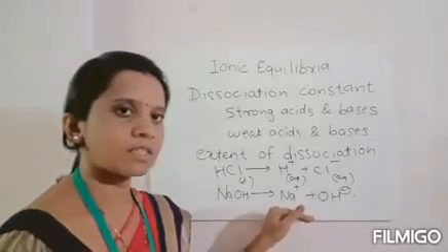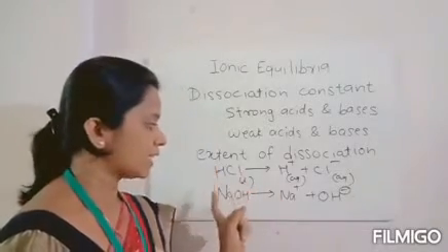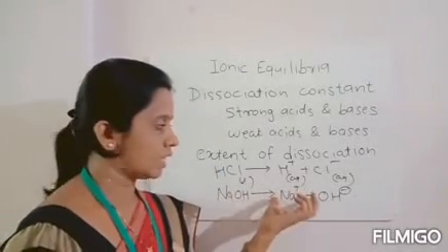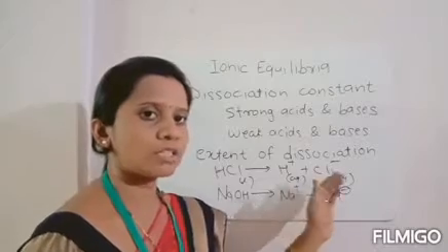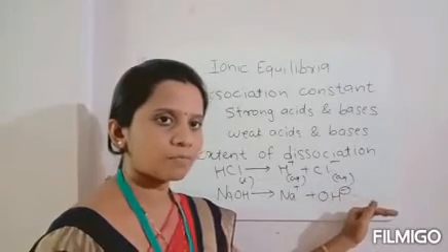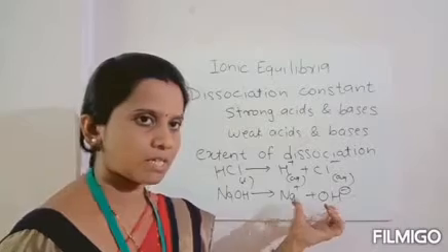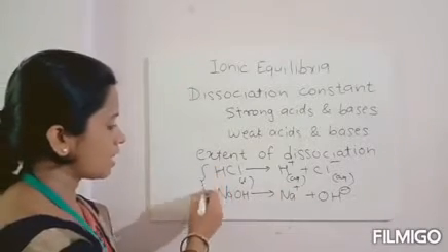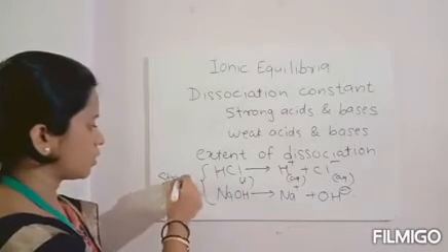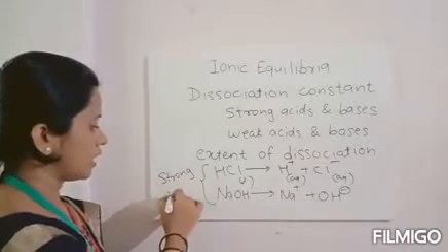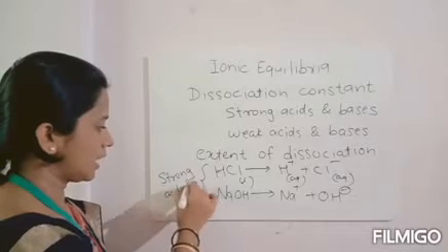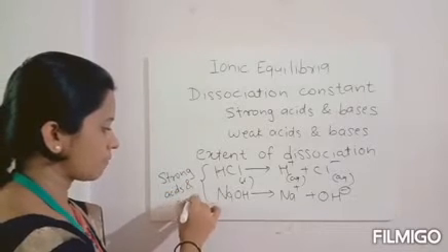So what happens here? This acid and base, their dissociation takes place completely. That is, complete dissociation into ions takes place. So these are examples of strong acids and bases.